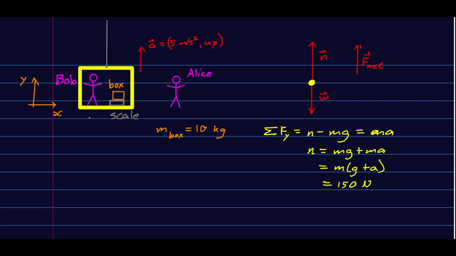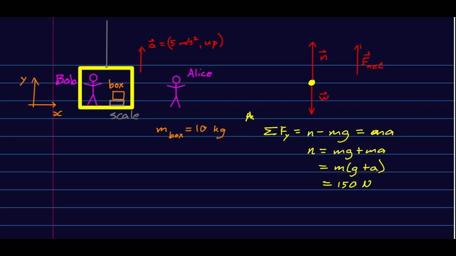All right, now let's take Bob's point of view. From Bob's point of view, he agrees with all of this. Notice he knows the weight of the box, and he can read the scale just as well as Alice does. And so he knows these forces, which means he knows F net is up.